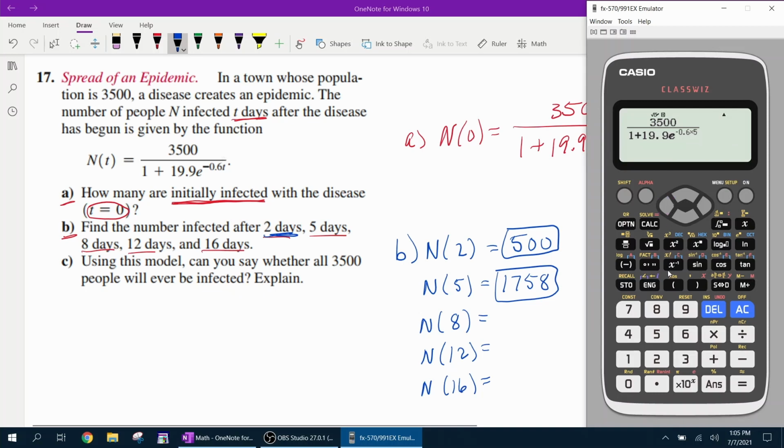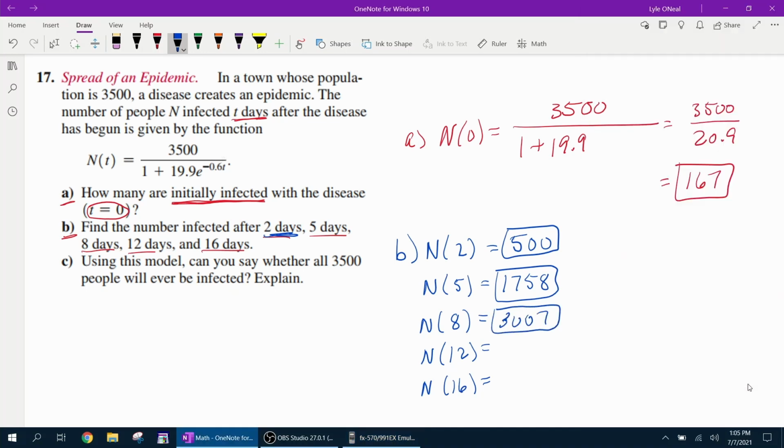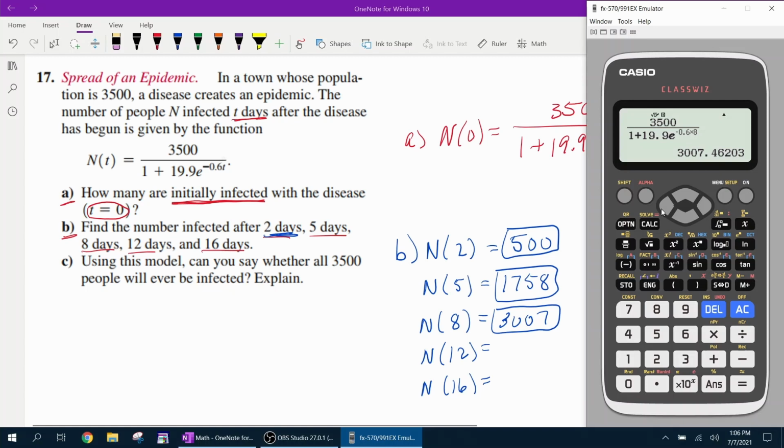Backspace to the 5, delete, next we have 8, 3,007. Can you see the number of infected people is increasing, as it should? Next, delete the 8, next we have 12, 3,449.